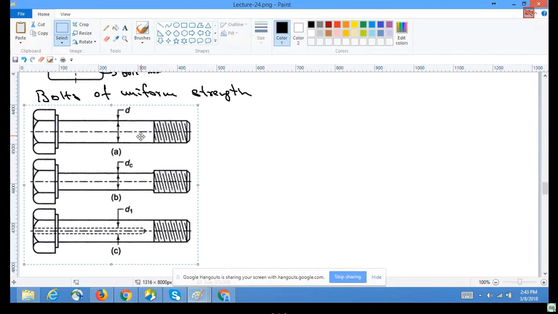To have uniform strength, you drill the shank so that the net cross-sectional area after the hole is drilled gives the same resistance as that of the threaded core region. That is how we try to get bolts of uniform strength in different ways.